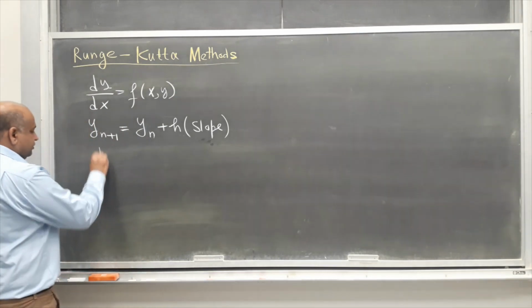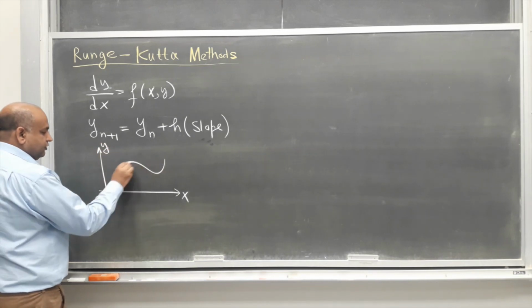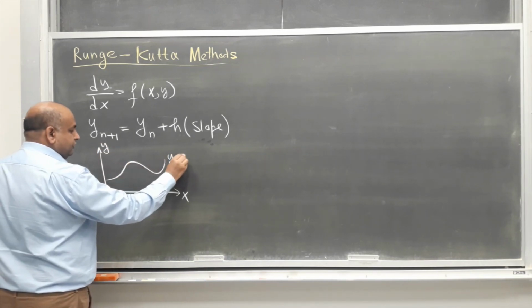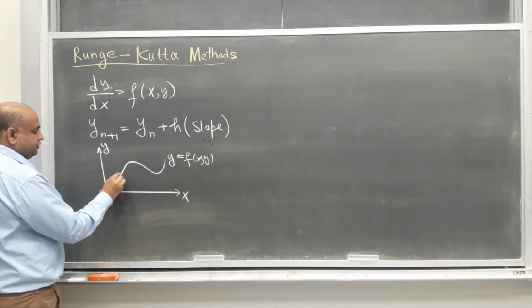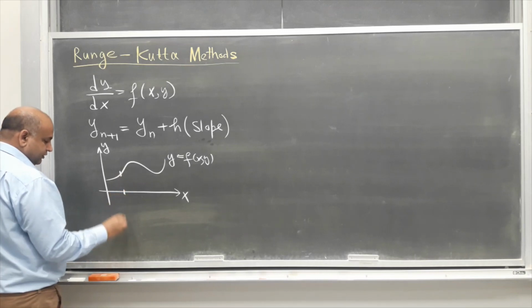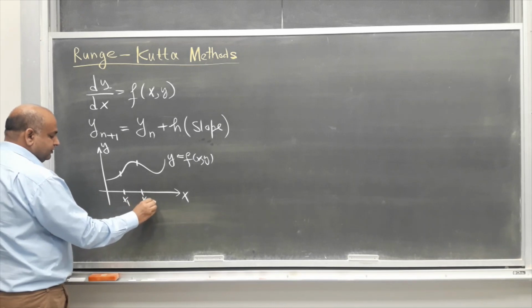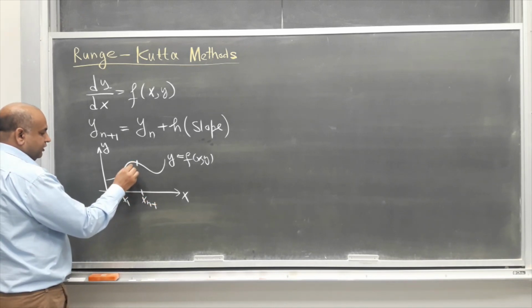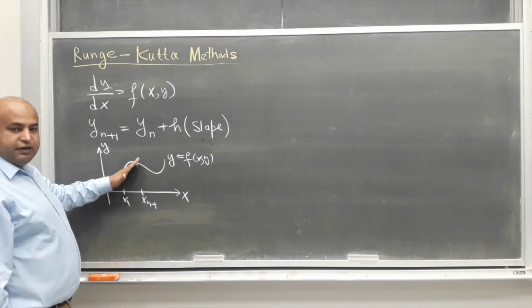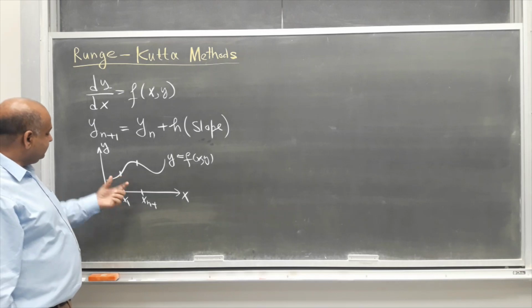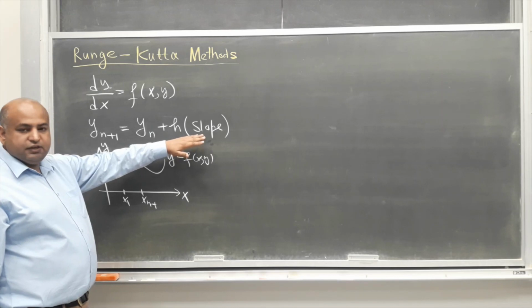If I show it graphically, suppose we have a function like this. We are given the slope of the function, and if we start from, let's say, this point xn and want to find this point xn plus 1, we can have, let's say, a straight line interpolation from here to here, and then this interval is h, and whatever the slope of that line is, we put it here.